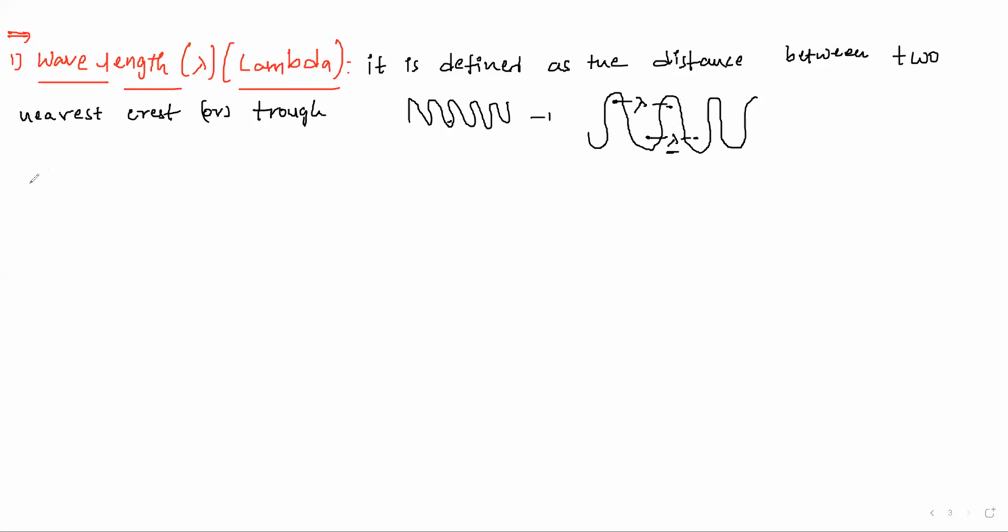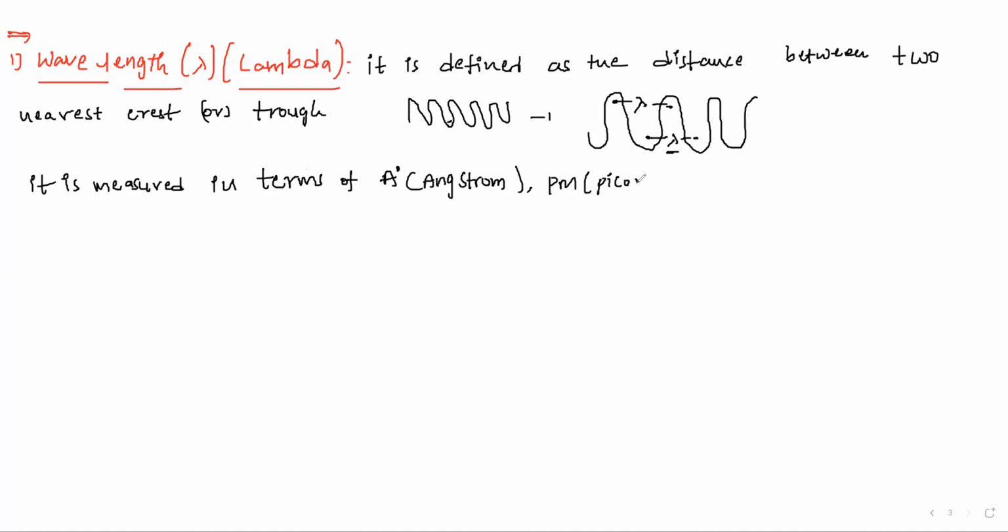Wavelength is measured in terms of angstroms, pm, picometer, and nm, nanometer, and cm, centimeter, and meters.